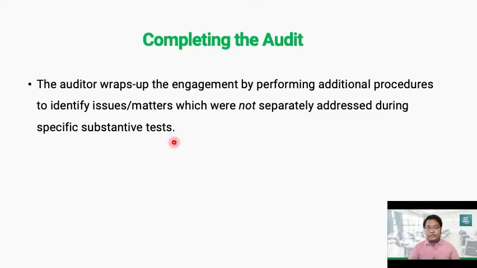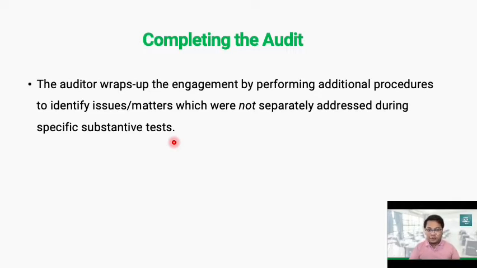However, there are certain items that were not separately addressed during the performance of substantive tests. So that is why we use this opportunity and this part of the audit to address or to consider those areas, especially if the items are not recognized in the financial statements and yet they are needed to be included in the note disclosures to the financial statements.